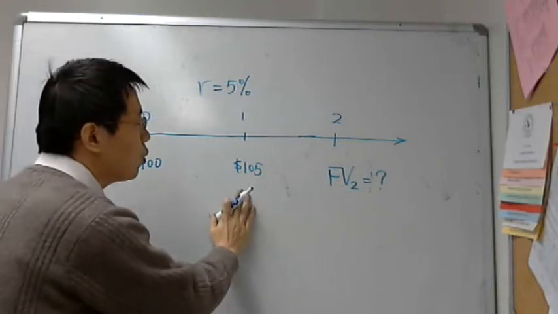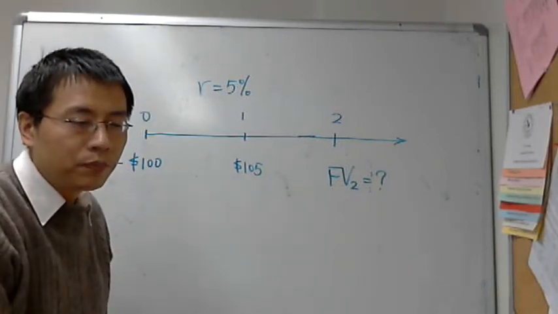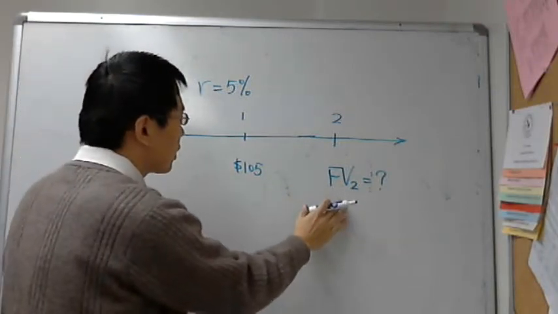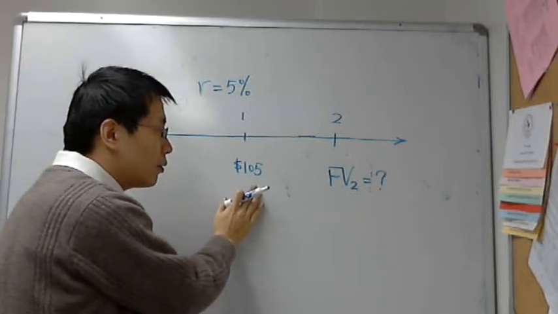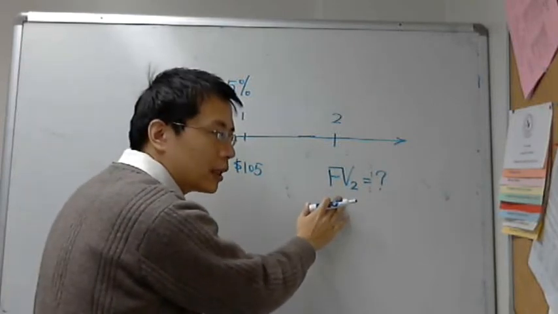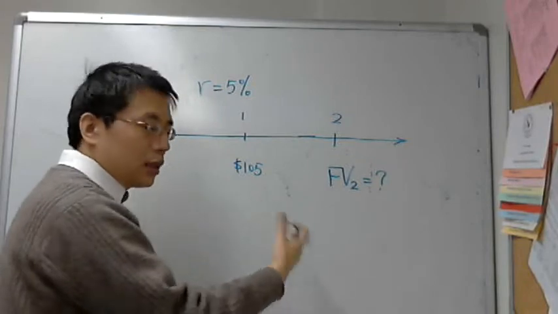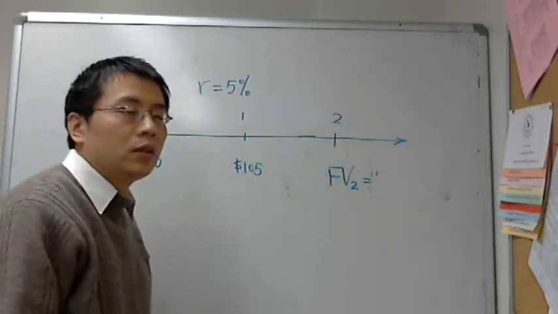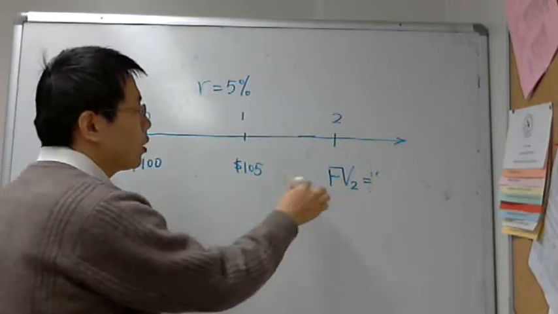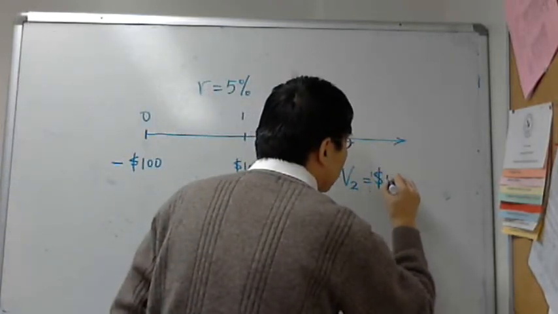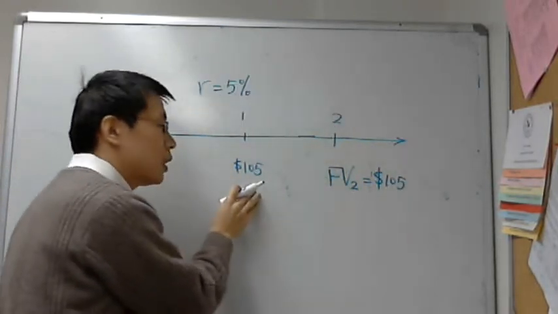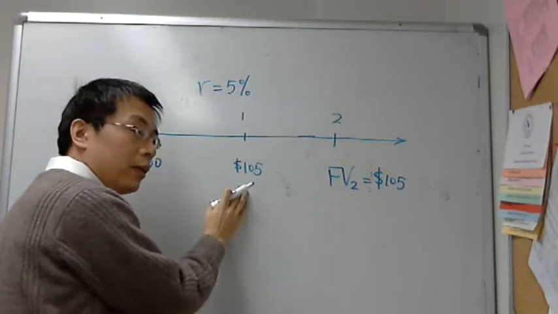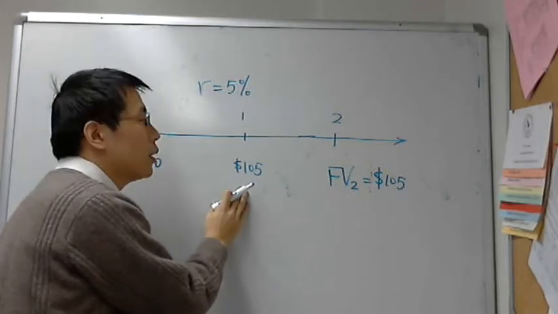Now I'm going to move on to the second period. Now in the second period, we start with 105. We want to know the ending balance. So the ending balance, again, should have two parts. The first part is the 105. This is the amount saved at the beginning of this single period.